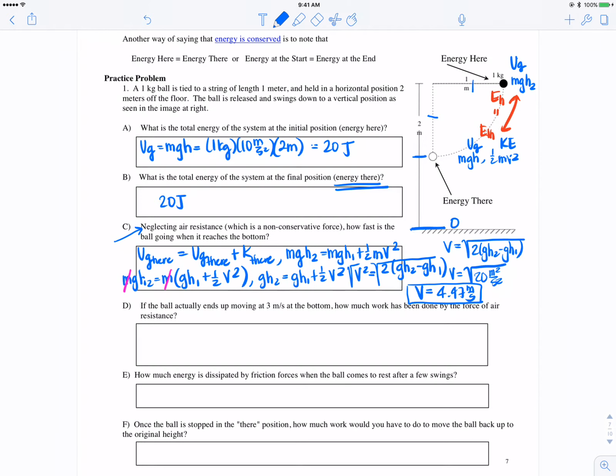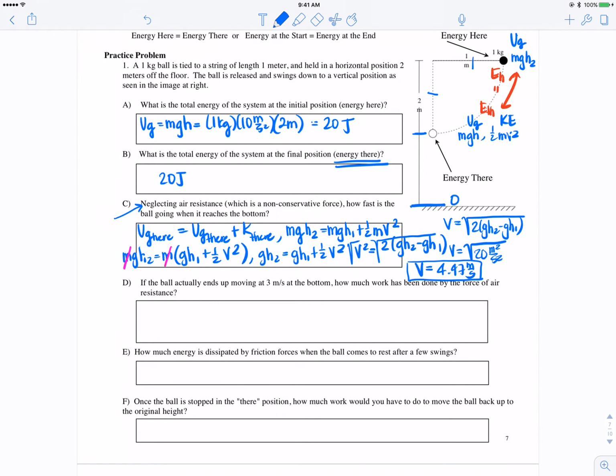Okay, question D says, now there are non-conservative forces, or there must be, because the energy is not conserved from here to there. Energy has not been conserved from here to there, which means there must be a non-conservative force like friction or air resistance acting on the system.